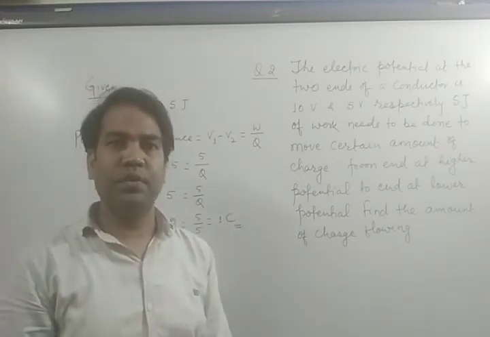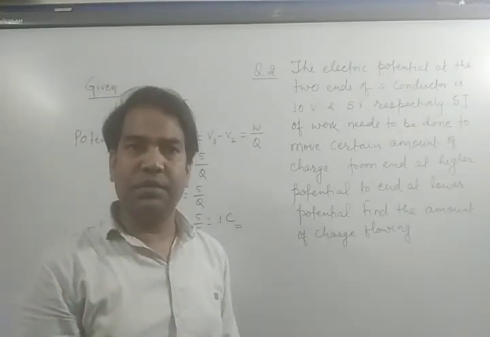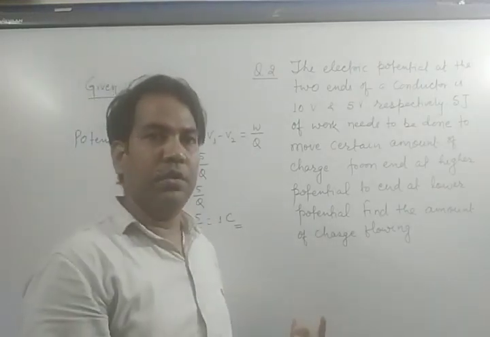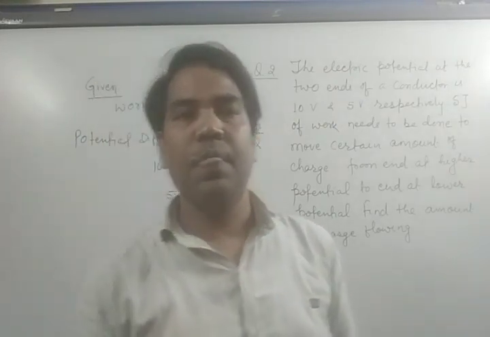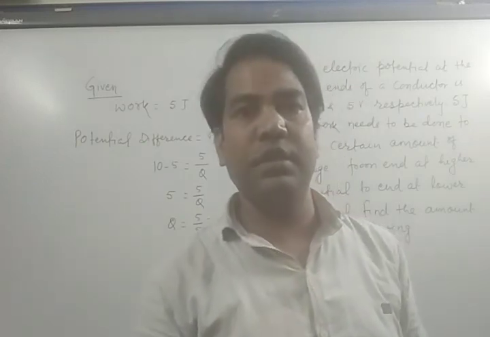Clear? So these are the two questions based on potential difference. I hope you got it. And now let's move to our topic which we have to study in today's video.